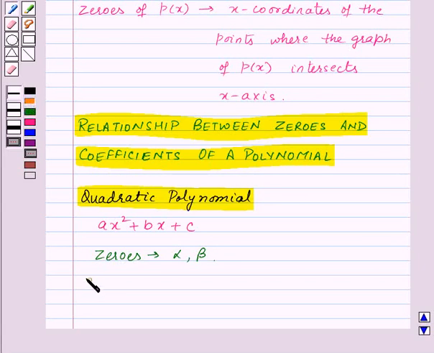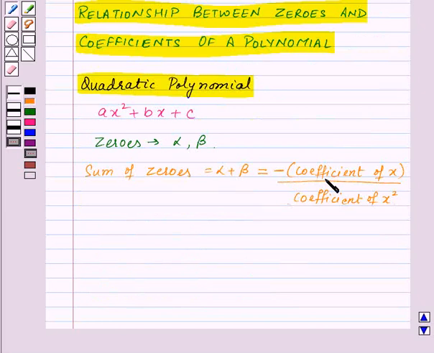Then sum of zeros, that is alpha plus beta, will be equal to minus of coefficient of x upon coefficient of x square, that is minus b upon a.